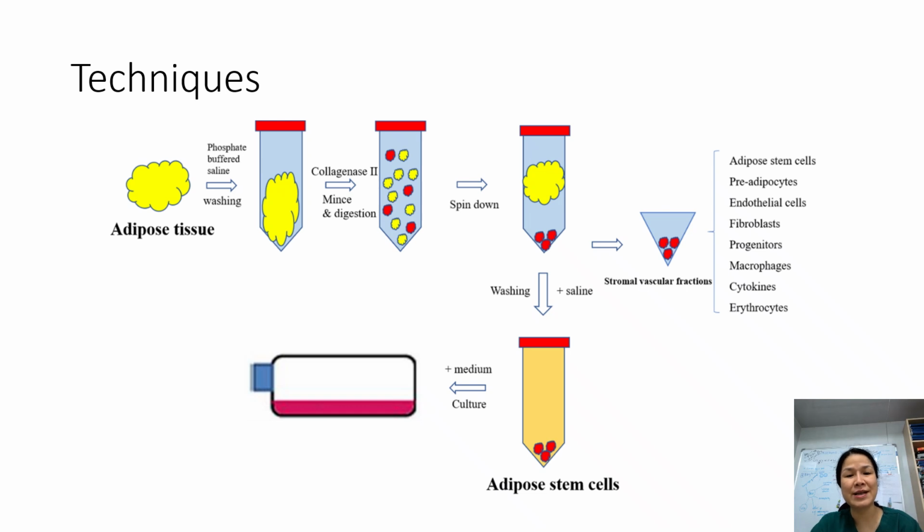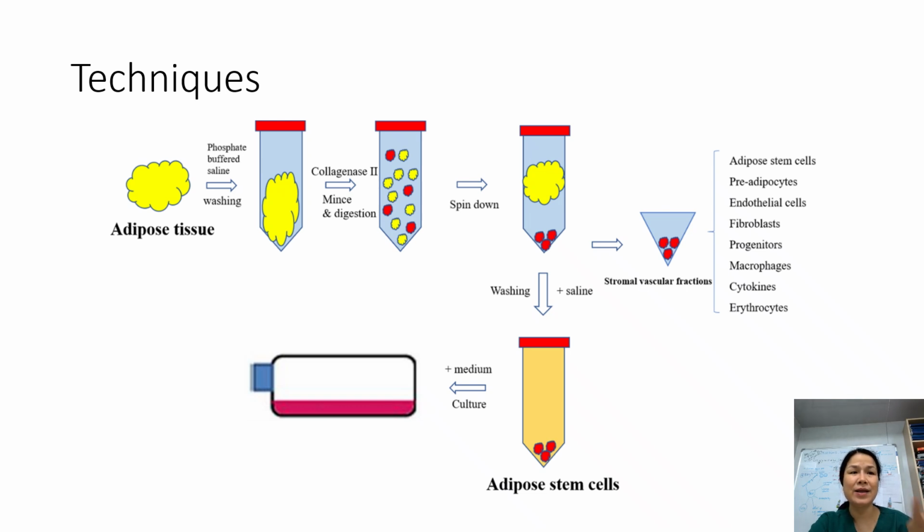Then we put collagenase 2 into that, and we use other enzymes to dissolve all the unwanted connective tissues. Then we use centrifugation to spin down, and we have a droplet at the bottom of the tube. It's called the stromal vascular fraction, and a really important component of it is the group of adipose stem cells.